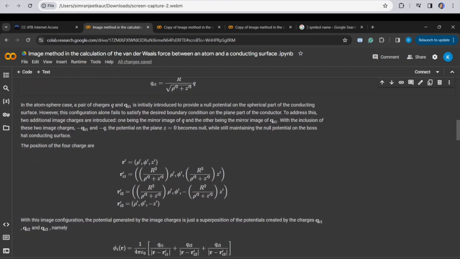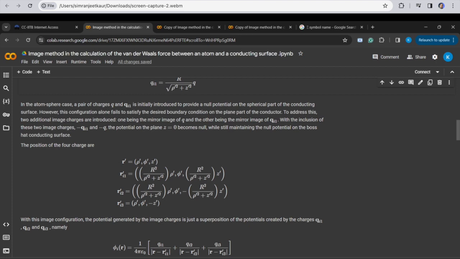So in the atom sphere case, a pair of Q and QI1 is initially introduced to provide null potential. However, this configuration fails to satisfy the desired boundary condition. To address this problem, two additional charges were introduced, which were the image charges of Q and QI1.